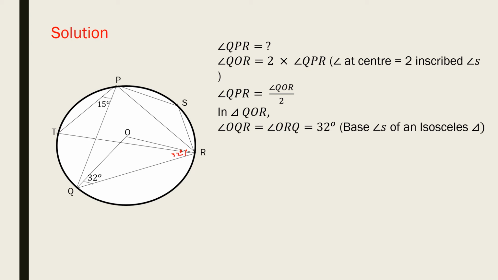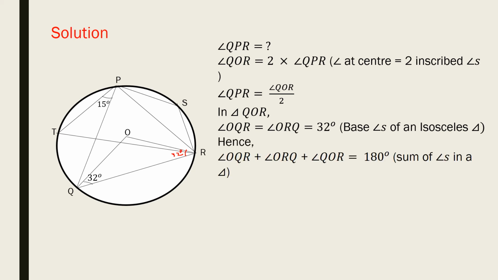Isosceles triangle, so the base angles are equal. That's number 1, and that will help us to find the angle at the center. Now we apply the sum of interior angles of a triangle, giving us 180.